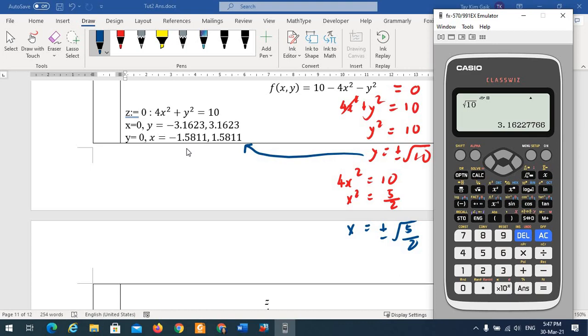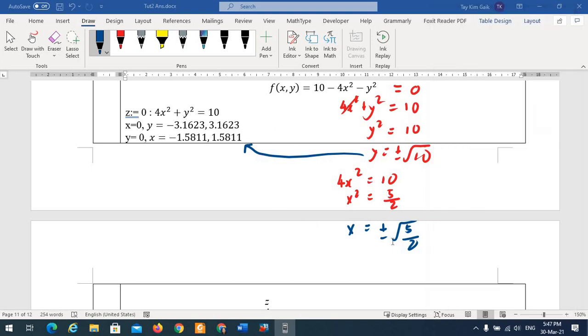When x is 0, y is positive negative square root of 10, or positive negative 3.16.